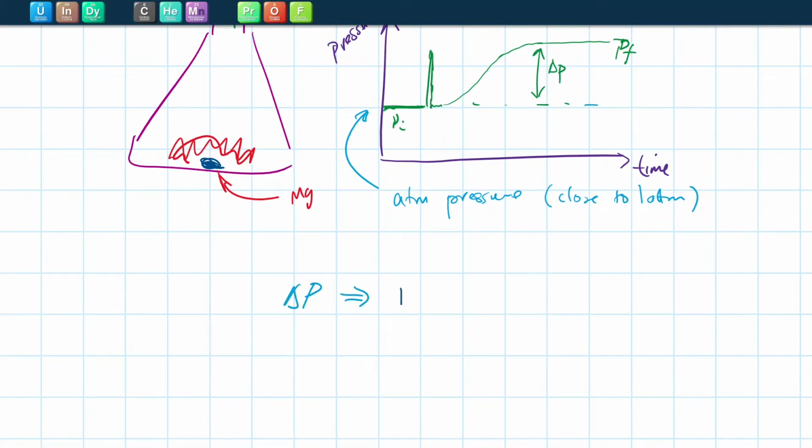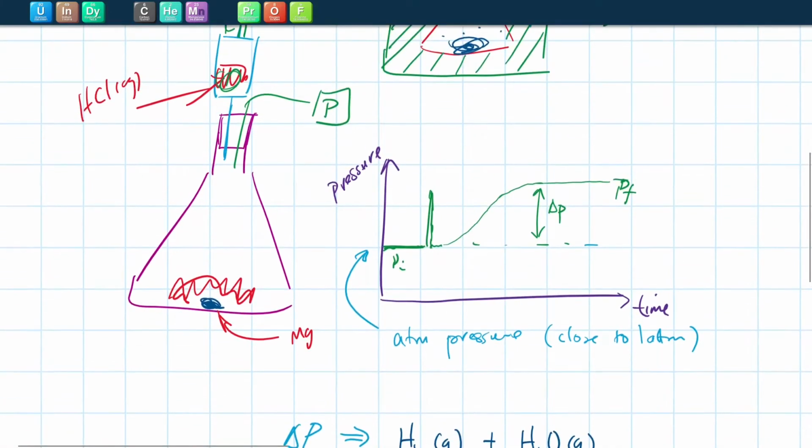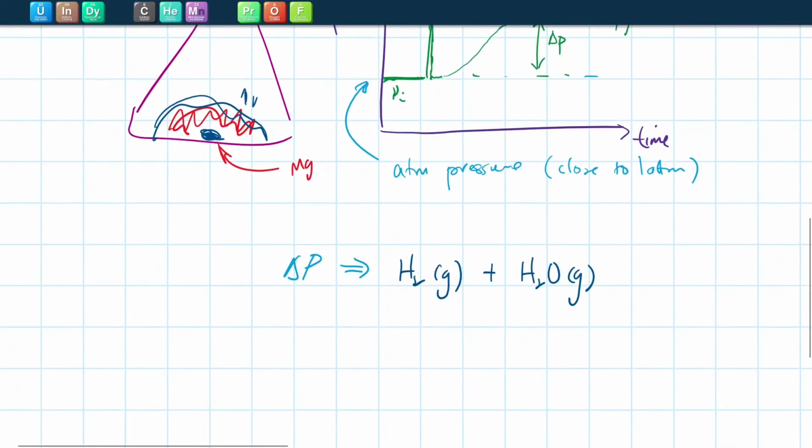It's due to the hydrogen gas that's produced in the reaction, but it's also due to water vapor. Because remember, HCl aqueous is dissolved in water, so now you have water in here, and whenever you have water in equilibrium with air, there'll be some vapor pressure.